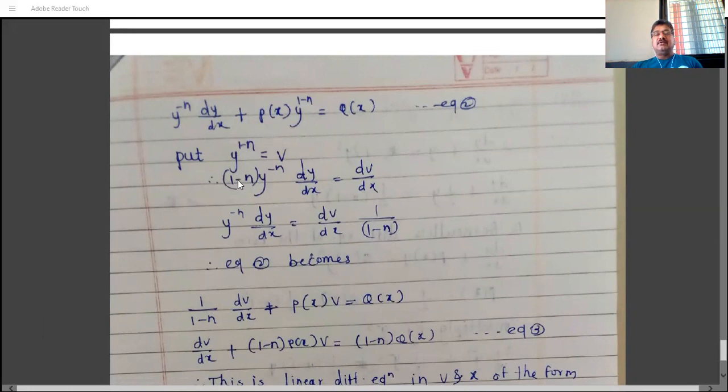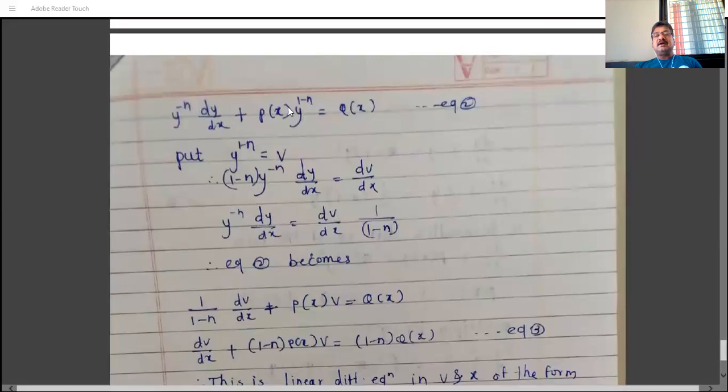The derivative is 1 minus n, y raised to 1 minus n minus 1, which is minus n. Multiply by dy by dx, because this term is a function of y and the derivative is with respect to x, which is equal to dv by dx. So y raised to minus n dy by dx is, shifting the 1 minus n to RHS, 1 divided by 1 minus n into dv by dx.